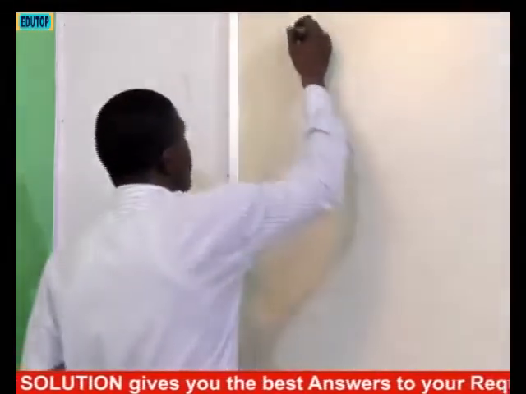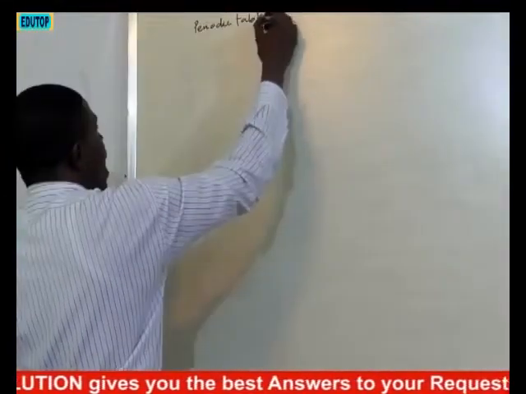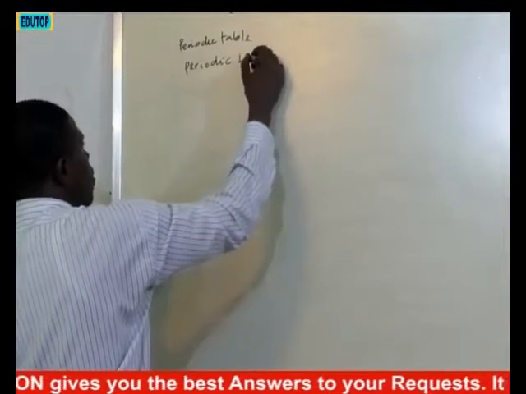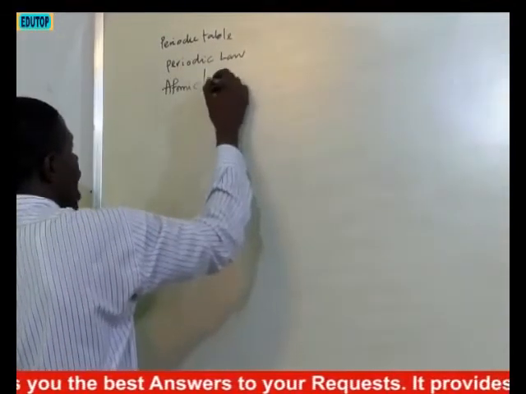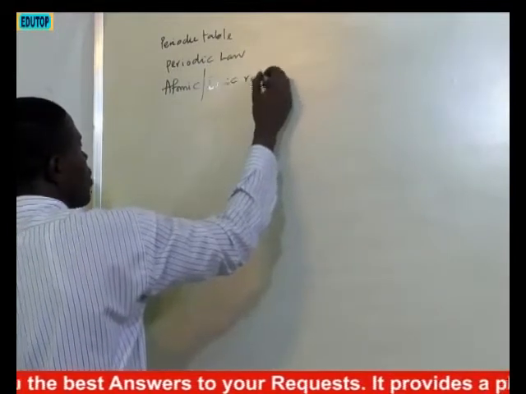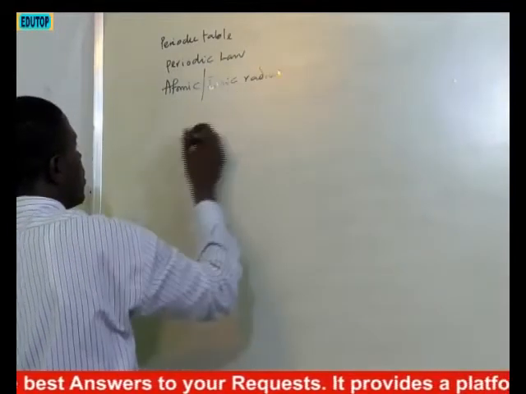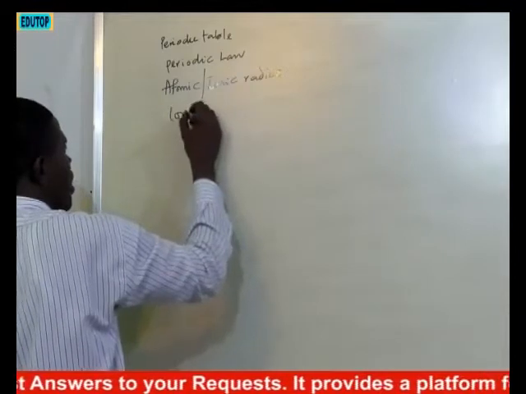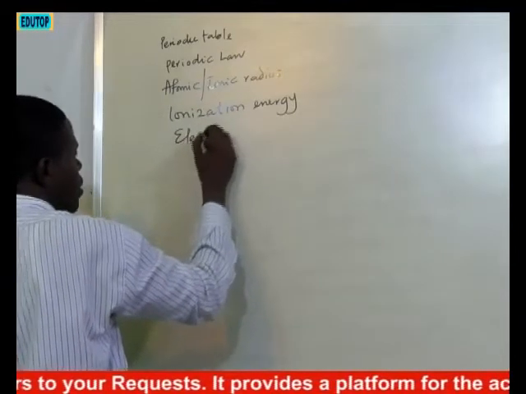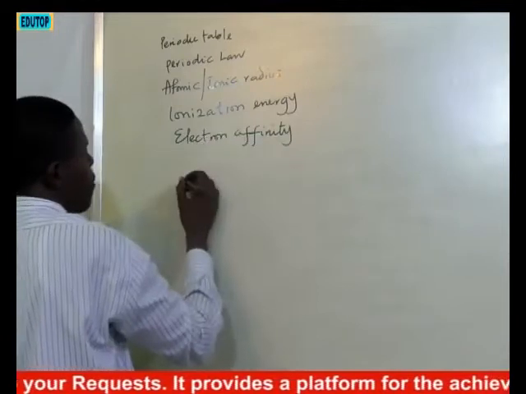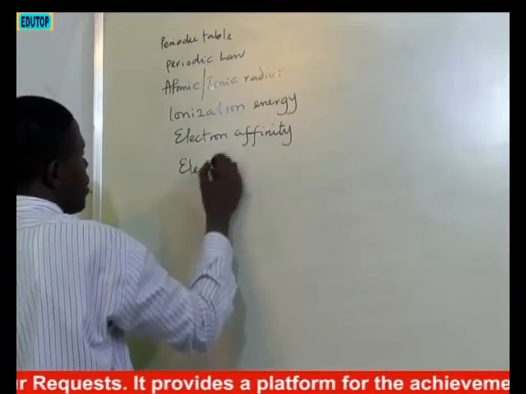We have periodic table, we have periodic law, then we have atomic and ionic radius or radii, then we have ionization energy, then we have electron affinity, we have electronegativity.